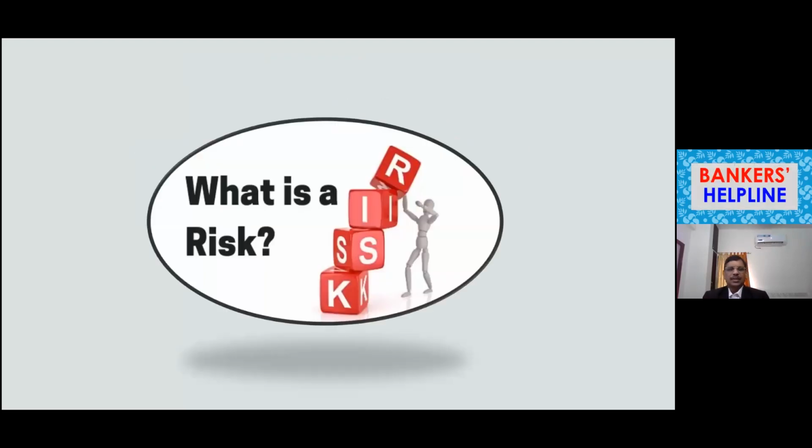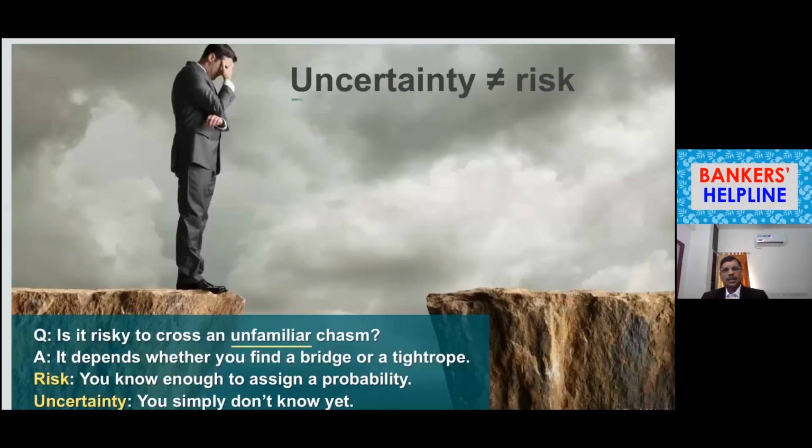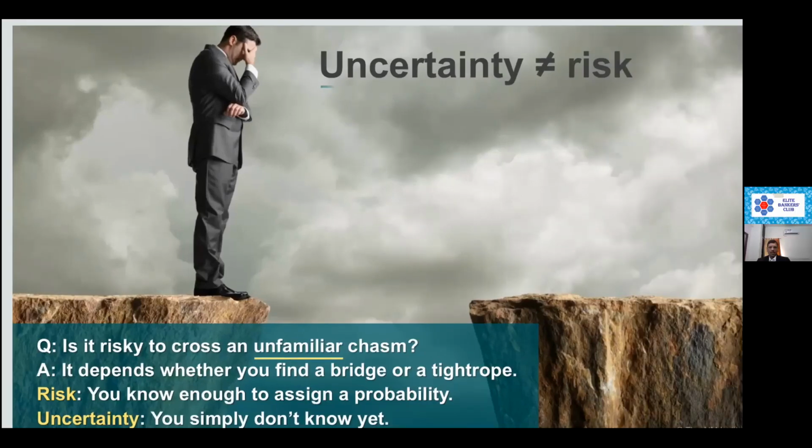So what is risk? Generally people are accustomed to use risk and uncertainty as similar words, but there is a difference between the two of them. Is it risky to cross an unfamiliar chasm? It depends on whether you find a bridge or a tightrope.